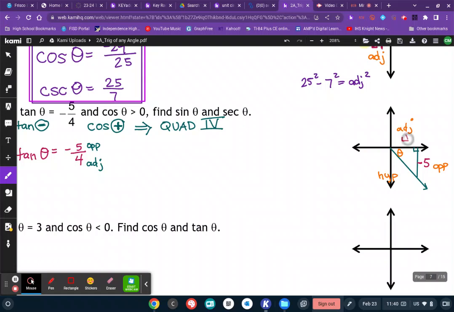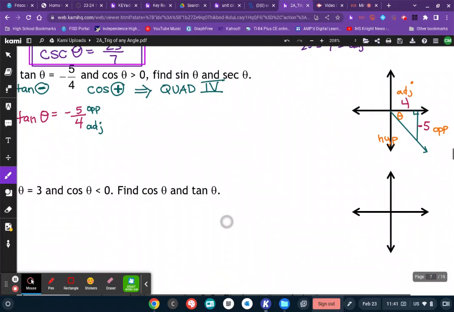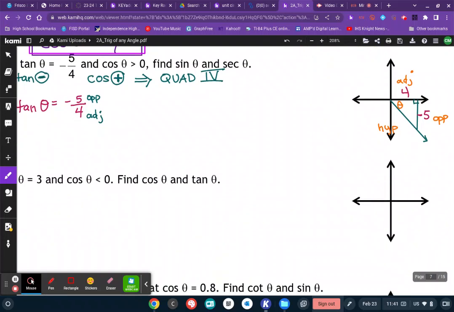And be careful with this one. This is not going to be a 3, 4, 5 triangle. The 5 is not on the hypotenuse, so it's not going to be a 3, 4, 5. I do need to use the Pythagorean theorem here, and you're going to get a radical that we're going to leave as a radical.